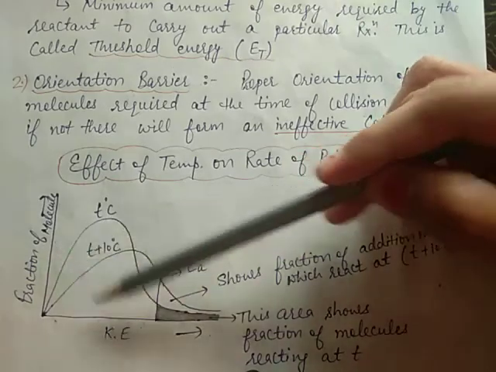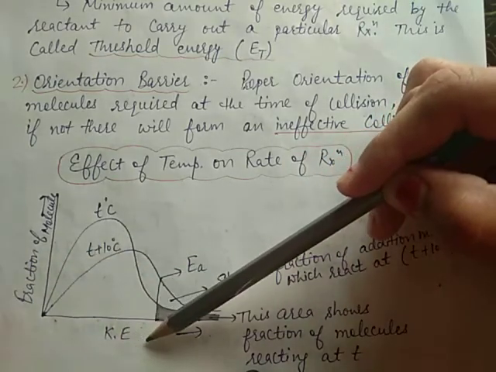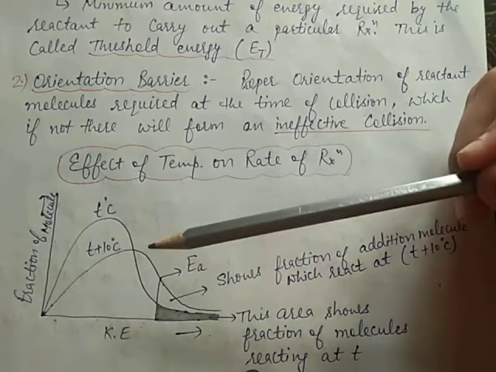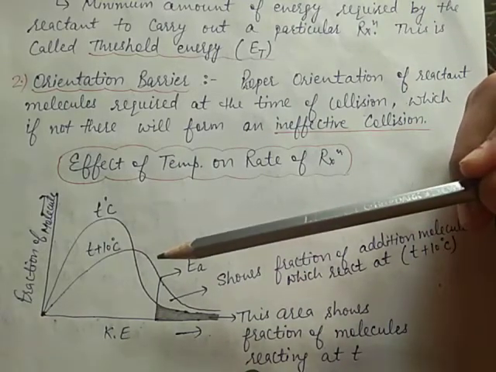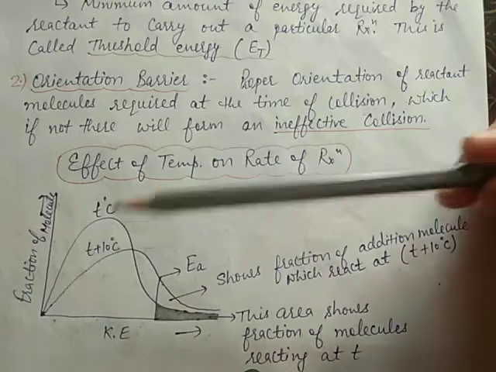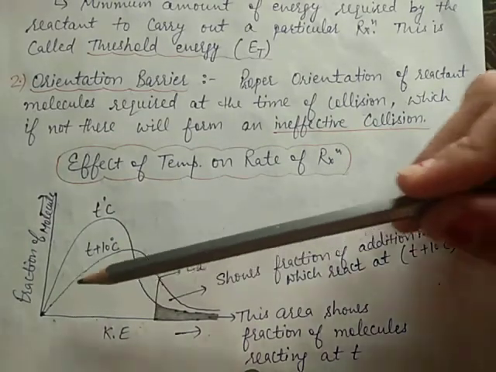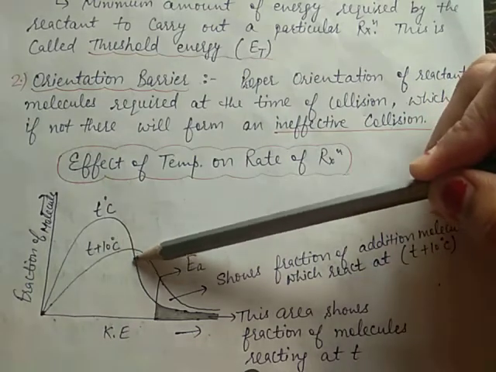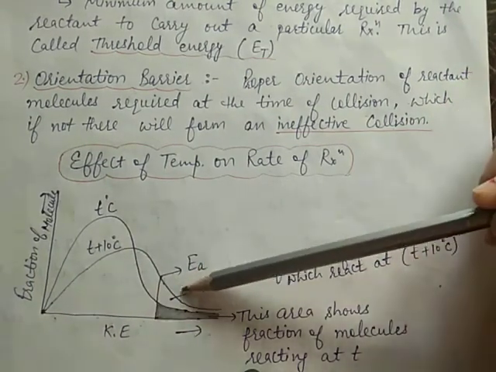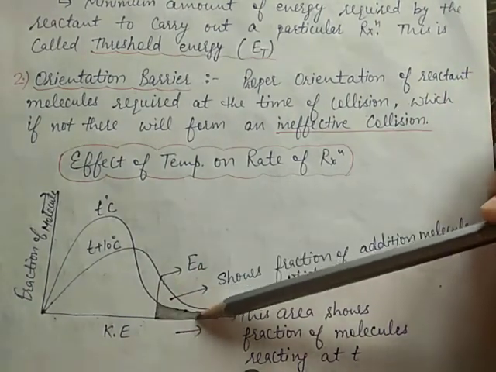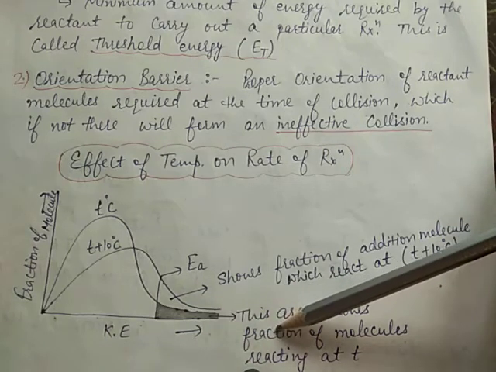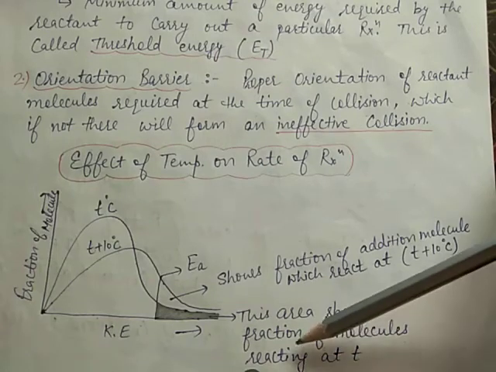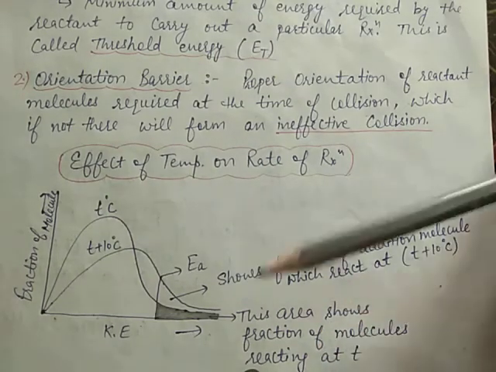It means if the temperature increases, kinetic energy increases and collisions take place very fast. So this graph shows that at temperature T degrees Celsius, this dark area shows the fraction of molecules reacting at T.